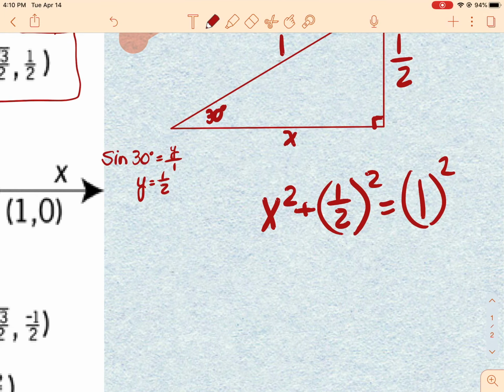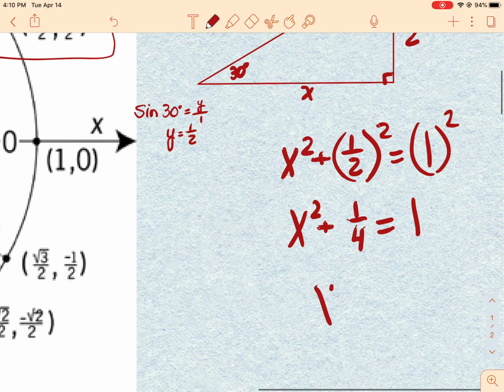So if I go to solve that, 1/2 squared, 1/2 times 1/2 is 1/4. So I'm getting x squared plus 1/4, and then 1 squared is 1. Subtract the 1/4 from both sides, and I'm getting 3/4.